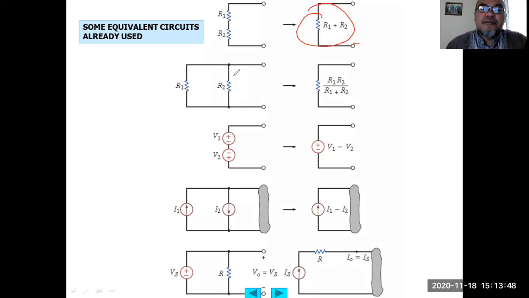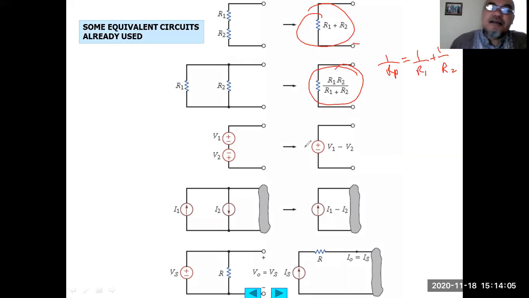And if they are in parallel, we can combine into R1 R2 divided by R1 plus R2, or 1 over Rp equals 1 over R1 plus 1 over R2. So we have learned this in chapter 2. And actually, this is maybe something which we mentioned in chapter 2, but maybe not. We want to emphasize it again in this particular chapter.